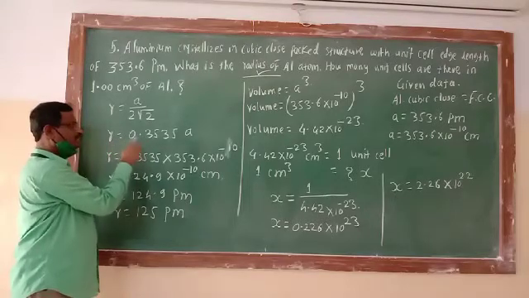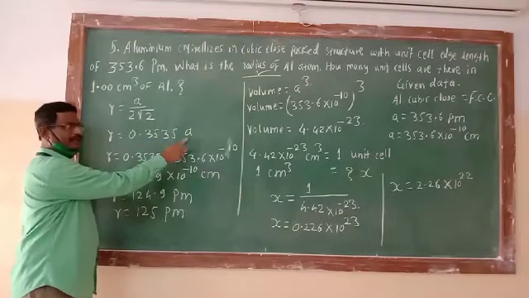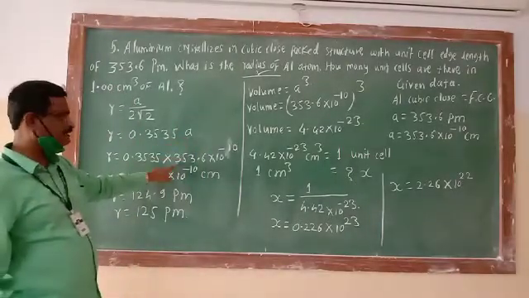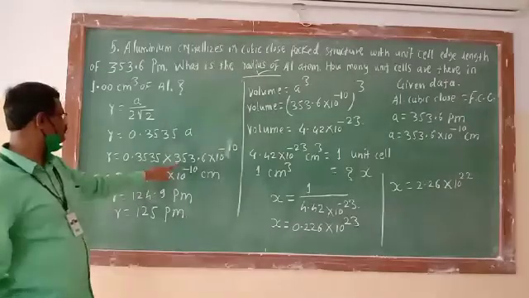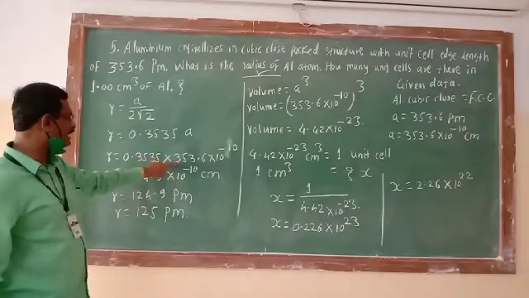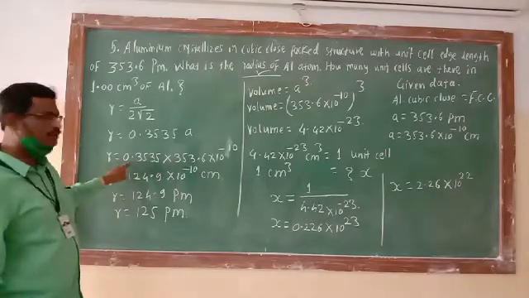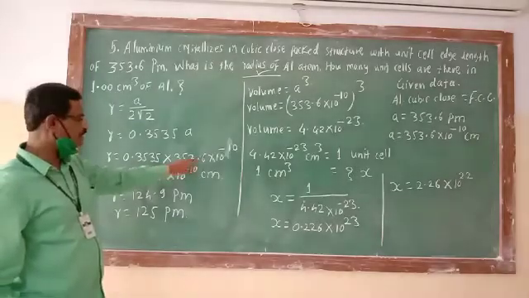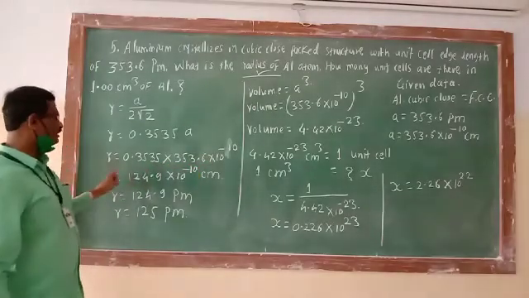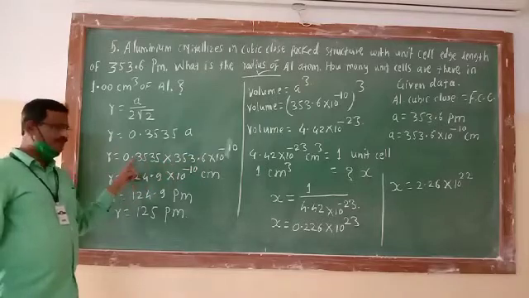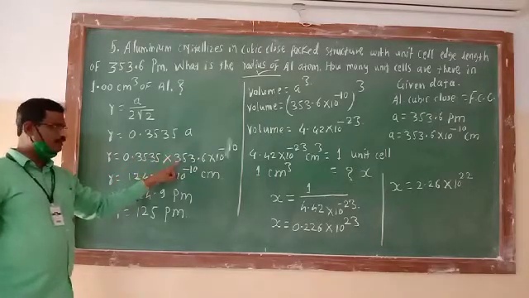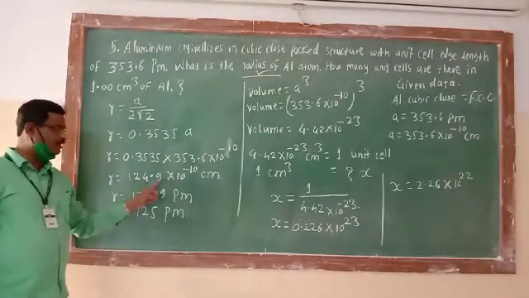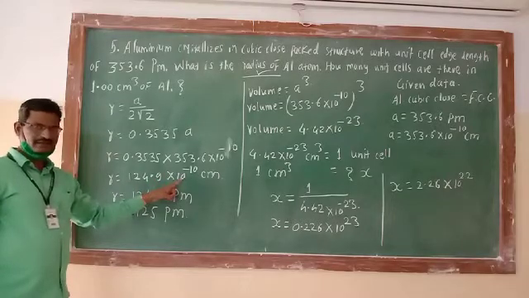So r is equal to 0.3535 a. Now we know the value of a, 353.6 into 10 raised to minus 10. So radius is equal to 0.3535 into 353.6 into 10 raised to minus 10. Simply it is solved: log of this term plus log of second term and then antilog. The answer comes equal to 124.9 into 10 raised to minus 10 centimeter.